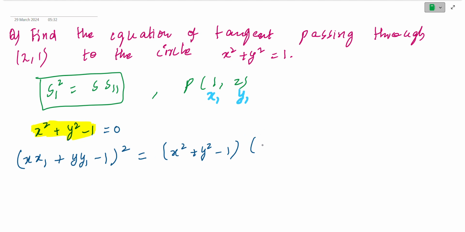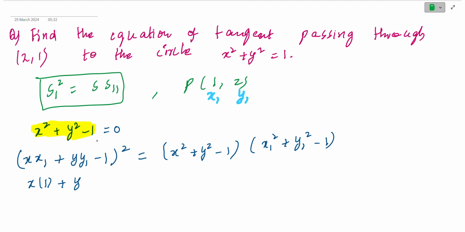So we are going to get x1 square plus y1 square minus 1. So in the place of x1 y1 I am going to substitute 1 and 2. Okay. Why? Because the x1 y1 values are given here.